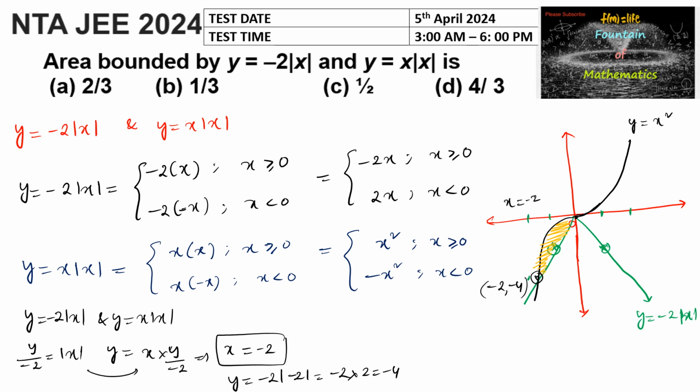And hence we can say that the area of the region is the integral from minus 2 to 0 of upper curve minus lower curve.